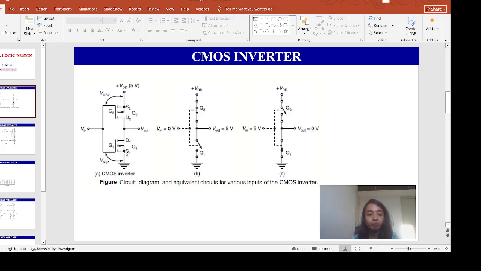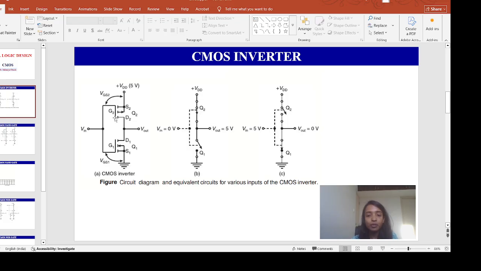Now, when the input voltage is low, say 0 volt, what will happen? The VGS2, the gate to source voltage of this PMOS transistor, will be minus 5 volt, because VDD is 5 volts.